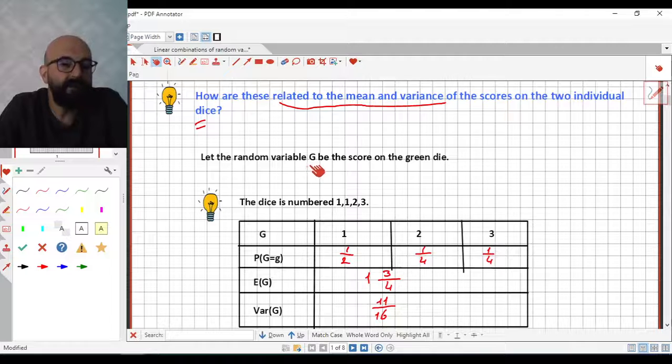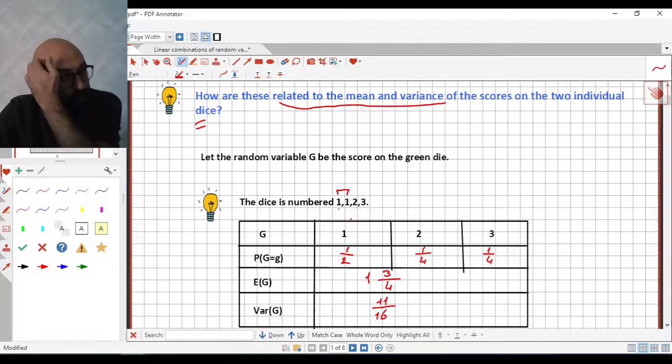Let the random variable G be the score on the green dice. The dice is numbered 1, 1, 2, 3. So we have two ones, and the probability of 1 is 1 over 2, or 2 over 4 actually, and the probability of 2 is 1 over 4, and the probability of 3 is 1 over 4.